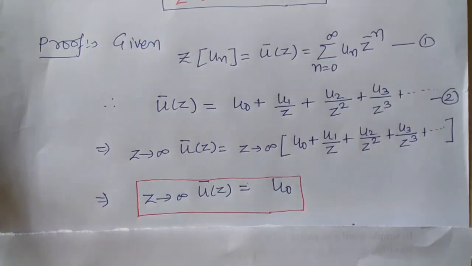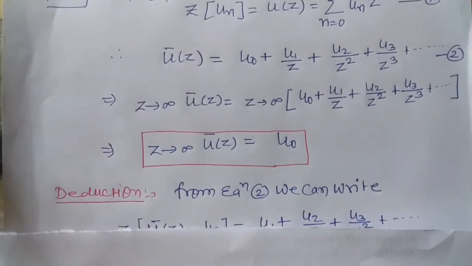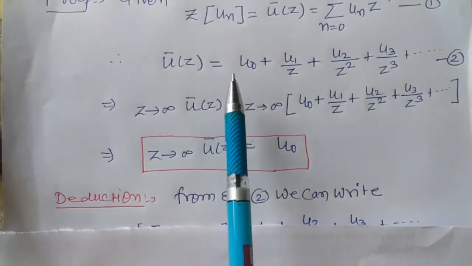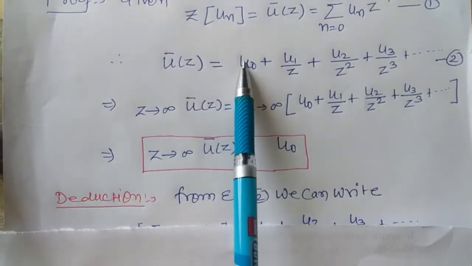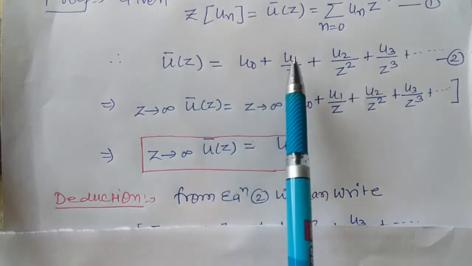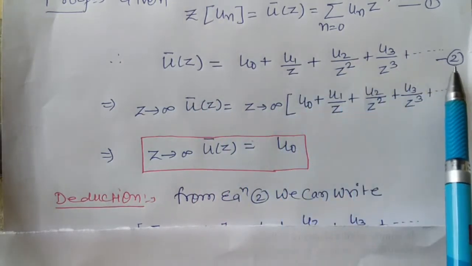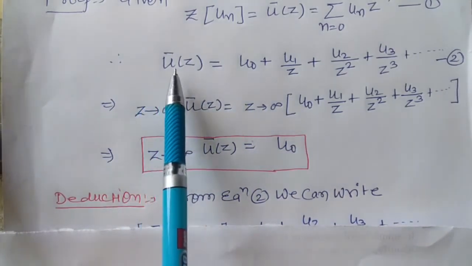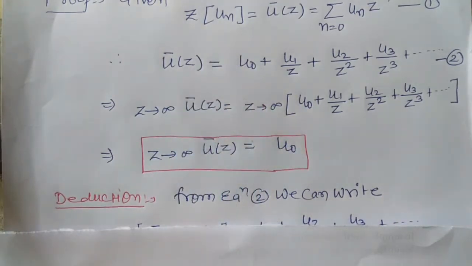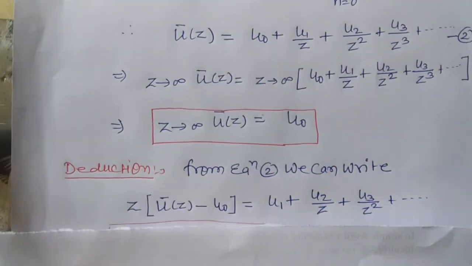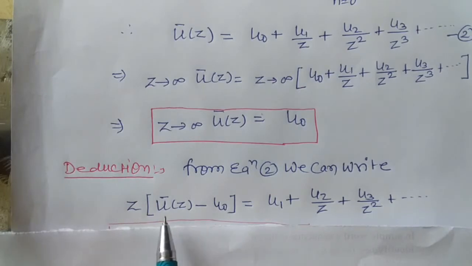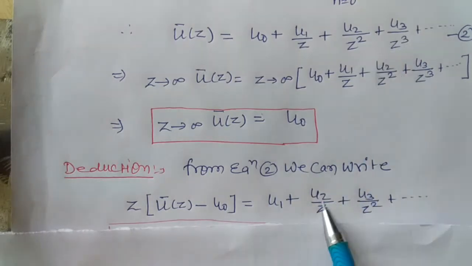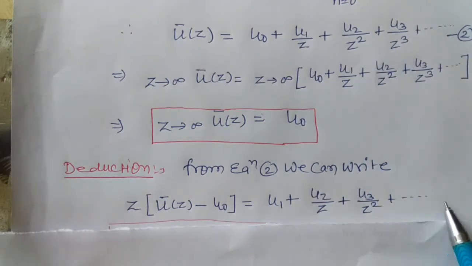So as a part of deduction of initial value theorem, we can deduce from equation second, we can write u bar z minus u0 is equal to u1 by z plus u2 by z square plus so on, and then we multiply it by z, that is z multiplied by u bar z minus u0 is equal to u1 plus u2 by z plus u3 by z square plus so on.